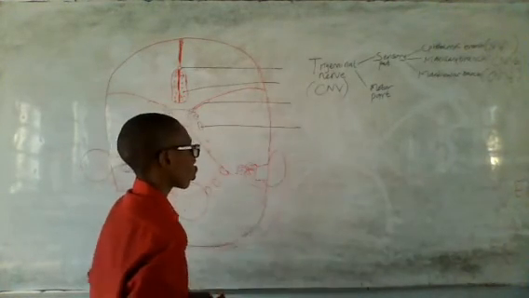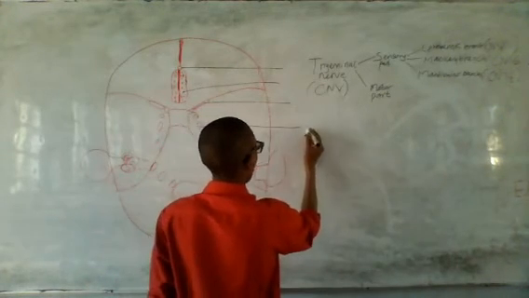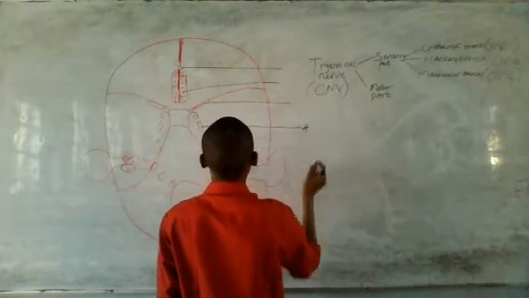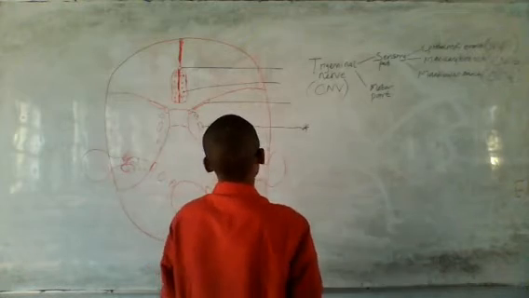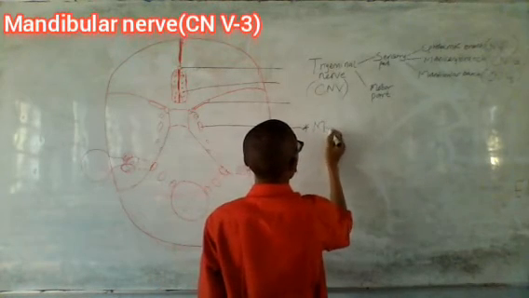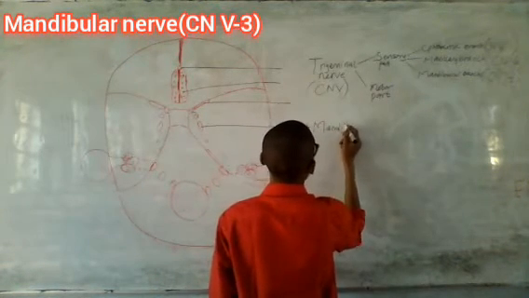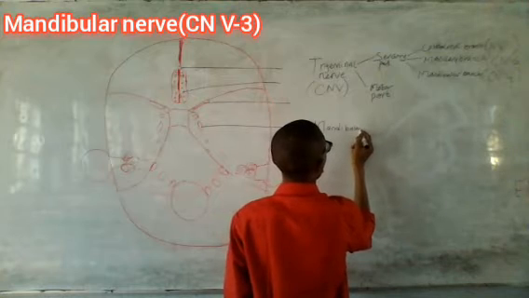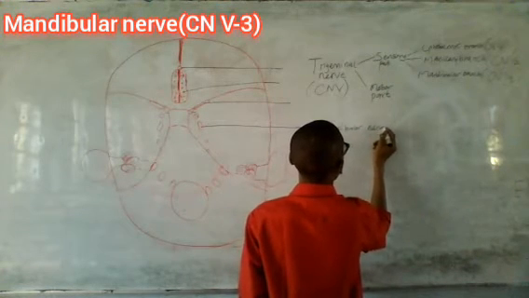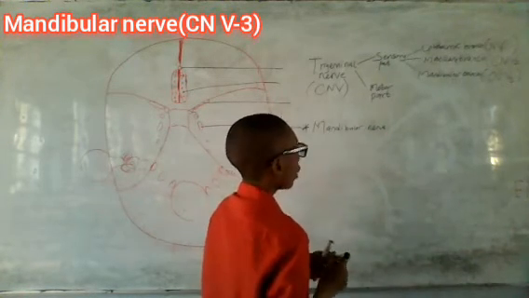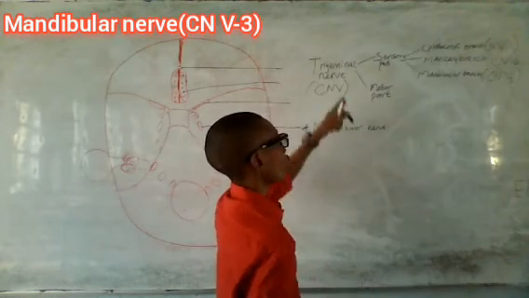So now, what structures pass through the foramen ovale? We have the mandibular nerve, and we said it's a branch of the trigeminal nerve.